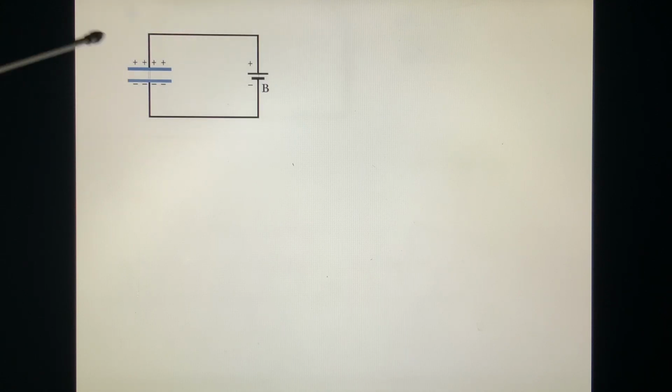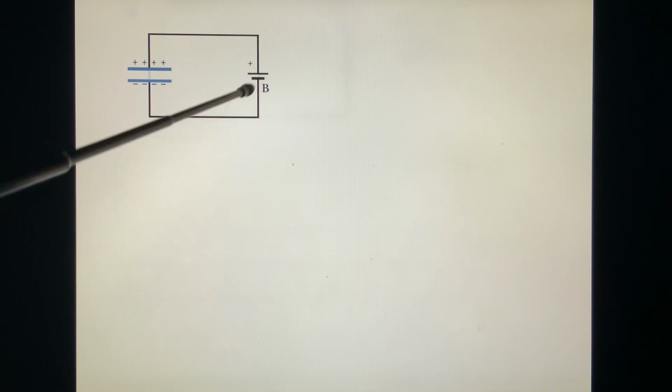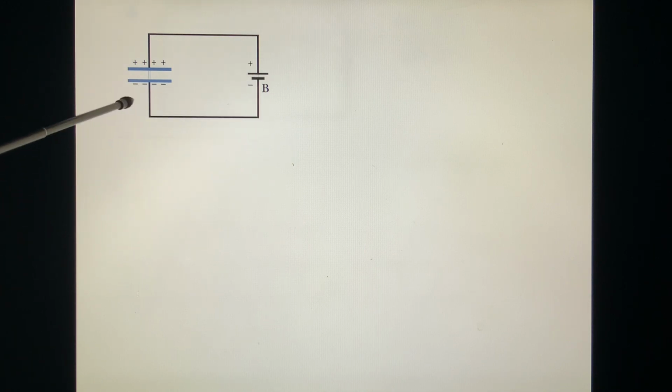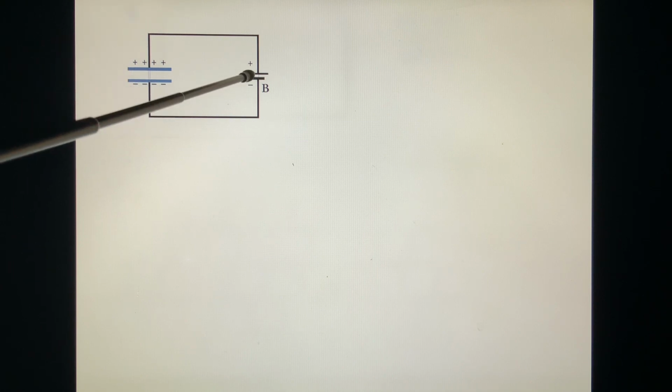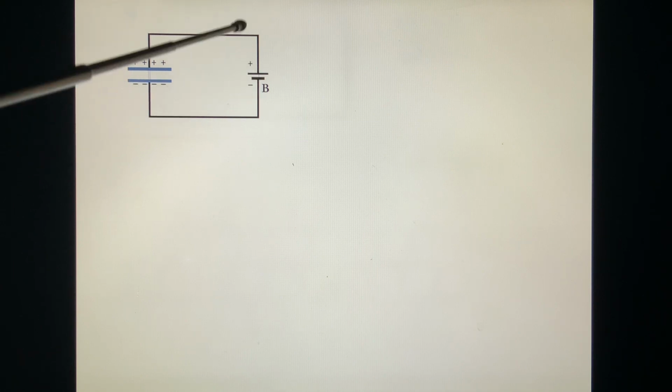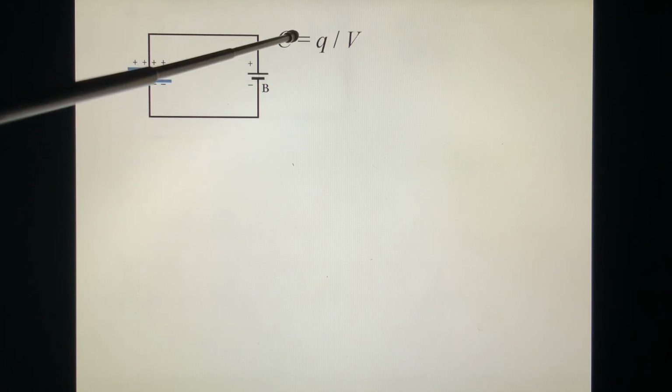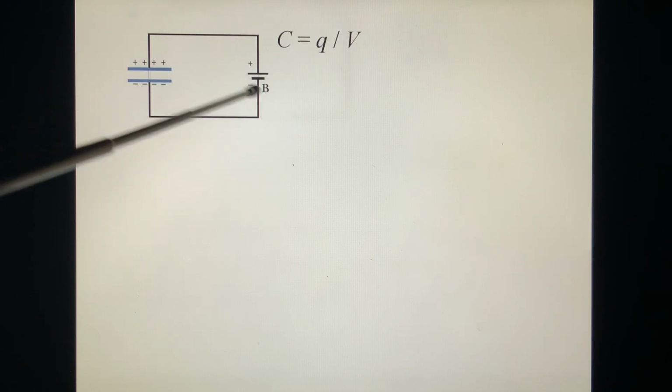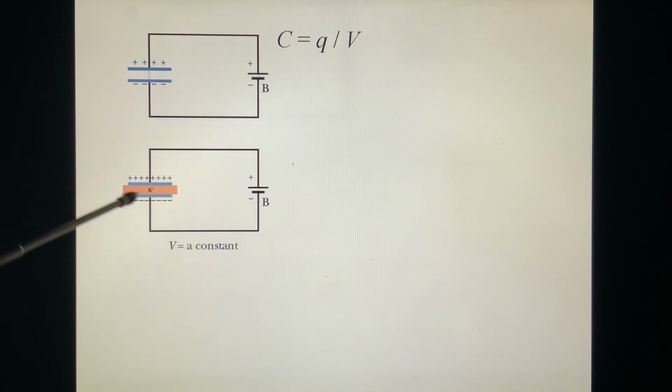Look at this circuit. A capacitor is connected with a battery, so it is charged. The V across the capacitor is equal to the electromotive force of the battery, and C equals Q over V. This V is epsilon. When you put a dielectric between the plates, we find the charge increases.